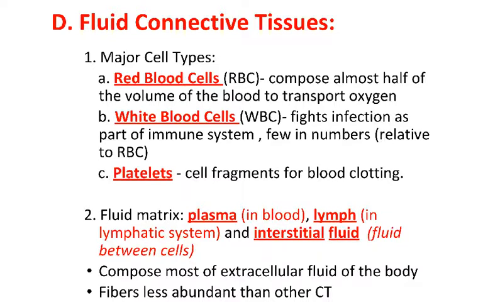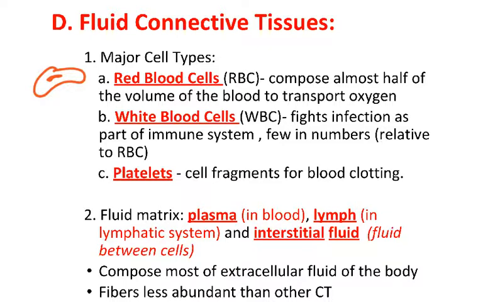So, red blood cells, also known as erythrocytes, look like this. They look like discs that have been pushed and dented in, or like frisbees that have been bent. Okay?